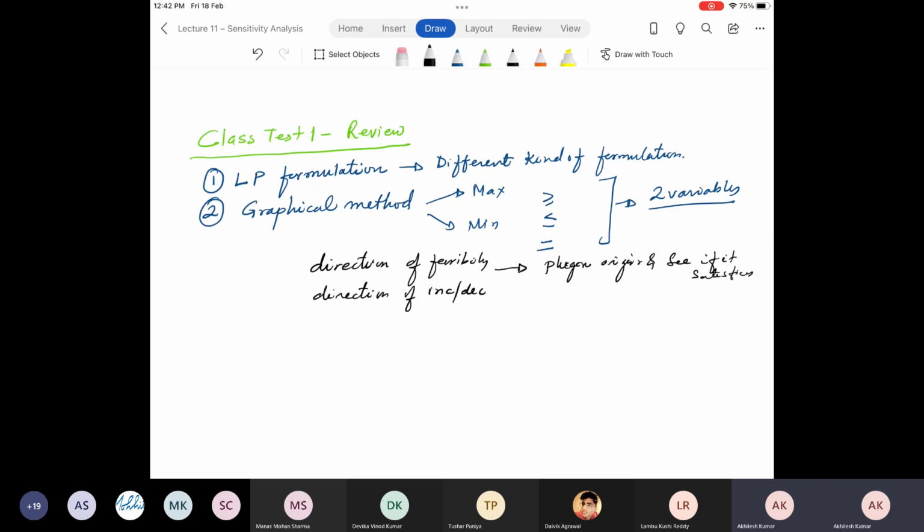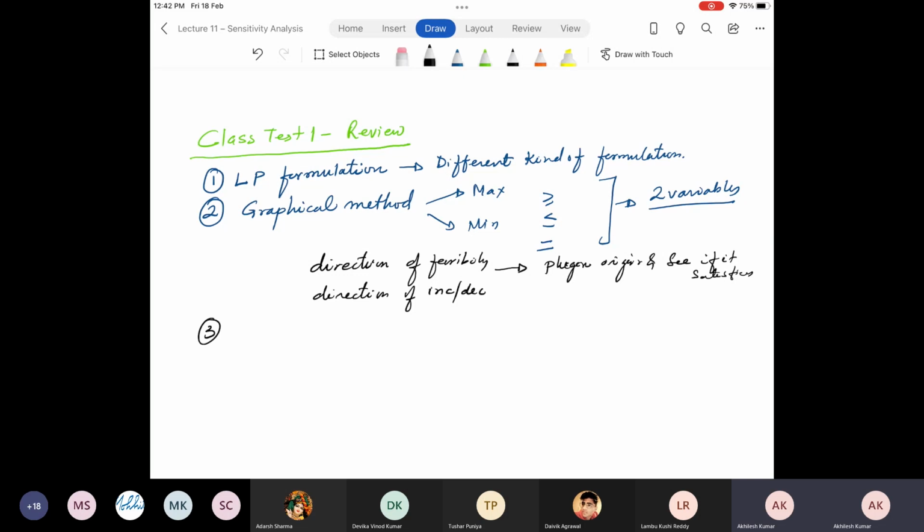If the constraint passes through the origin, then how do we find? Take any other reference point, check whether it is contained in that feasible region or not, and you can proceed. So this is about graphical method.